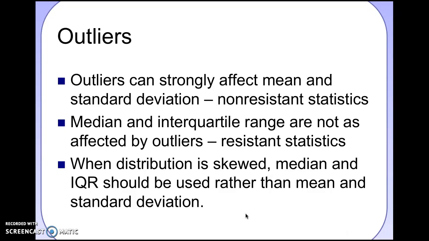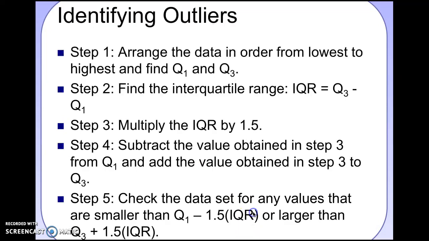That is why they are called non-resistant statistics. The median and interquartile range are not as affected by the outliers. They are called the resistant statistics. When your distribution is skewed, the median and the interquartile range should be used rather than the mean and the standard deviation. So how do you identify those outliers?